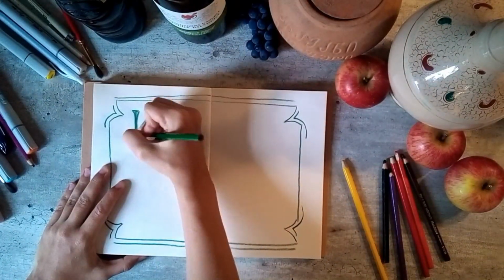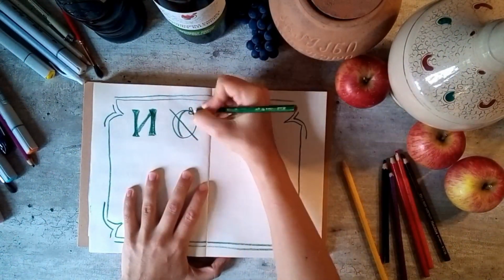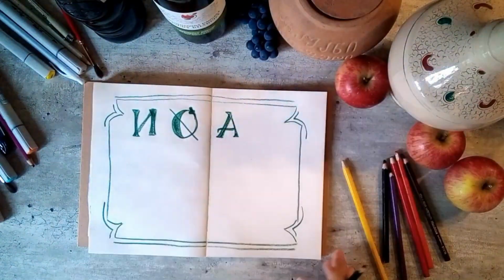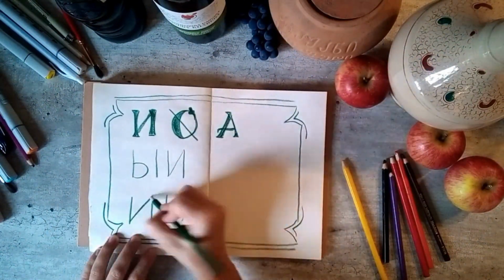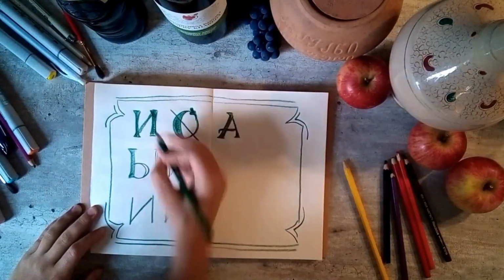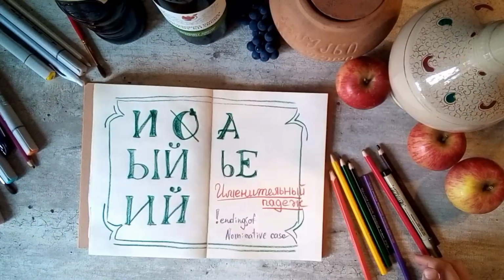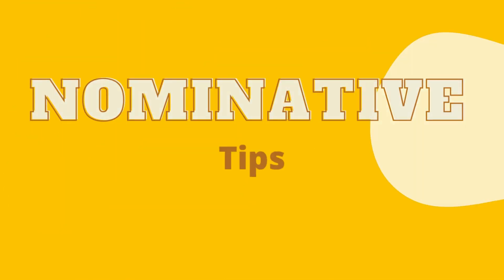So we have ы, и, я, а, and no ending. So these are the endings of именительный падеж. Why do they vary? I'll show you a simple algorithm.